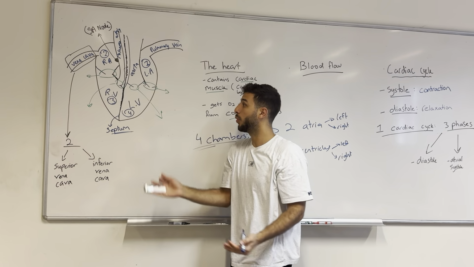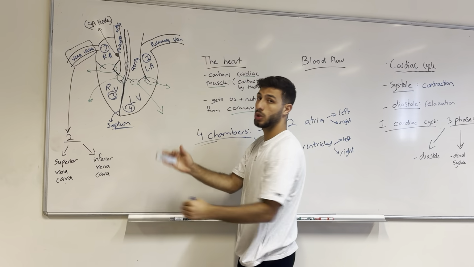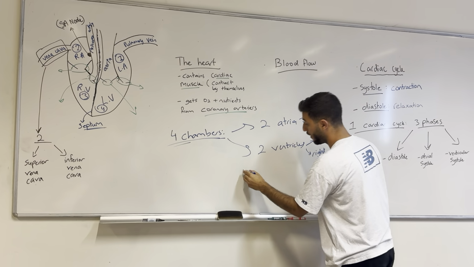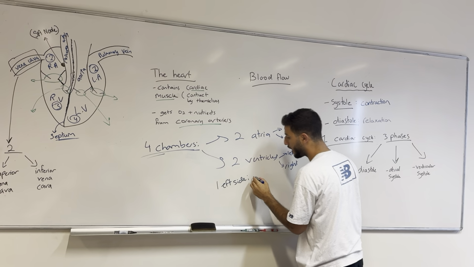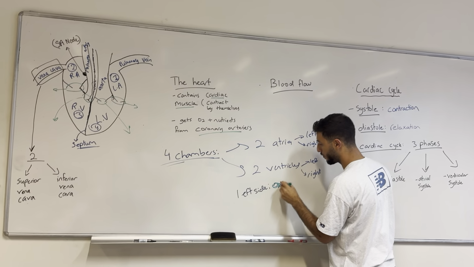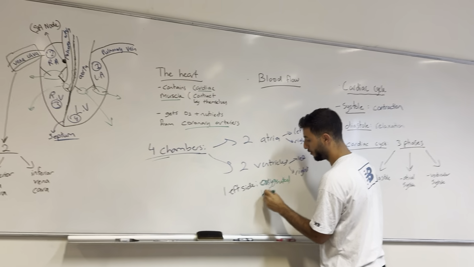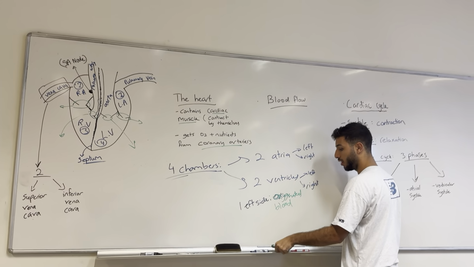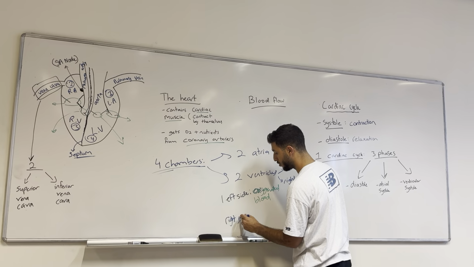Now why is that important to have that separation? Because on the left side of the heart, what do we carry? On the left side, we have oxygenated blood. Okay, let's put it in green. While on the right side, what do we have? You guys can already tell.